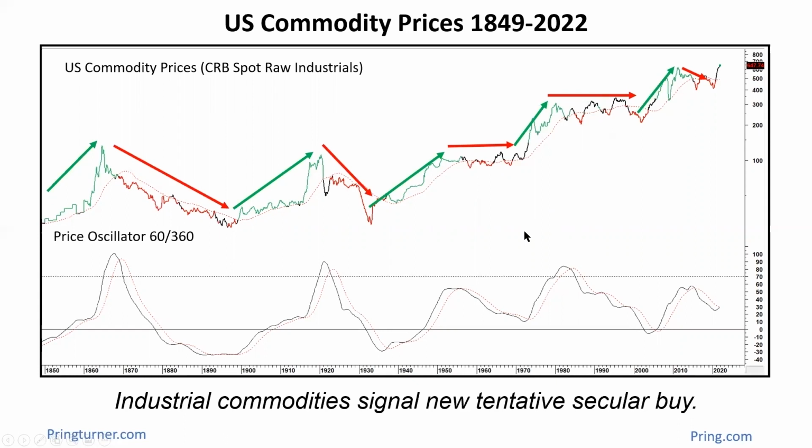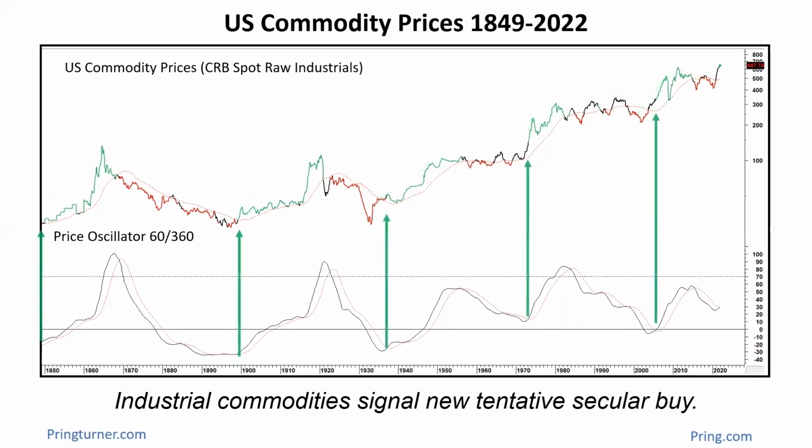Underneath is the oscillator that we looked at in part one, but this time the price oscillator is turned up the right way. So a rising oscillator is bullish for commodity prices, and a rising oscillator is signaled by crossing above its 48-month moving average. We've seen 2, 4, 5 signals, and in December we saw a 6th positive signal.